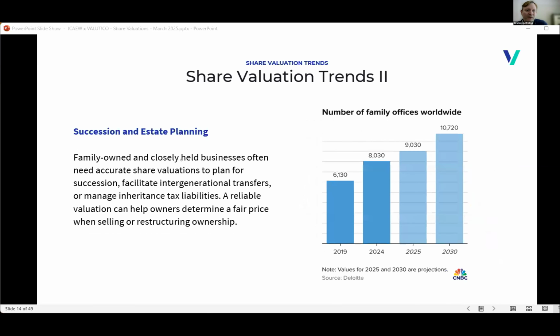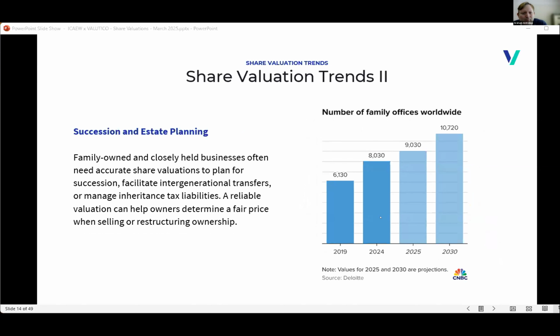But what we're also seeing is increasing focus on succession and estate planning, which is what this chart on the right here shows. For family-owned and closely held businesses, an accurate valuation is absolutely essential when planning for ownership transitions, whether that's through intergenerational transfers, business sales, or restructuring.